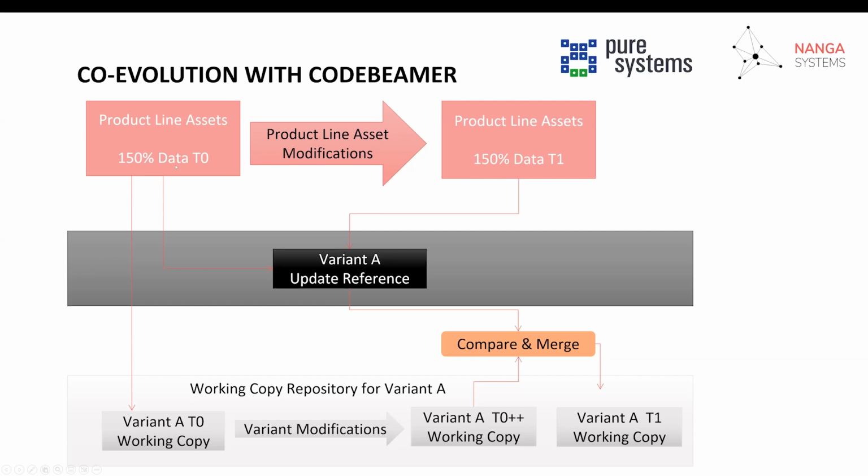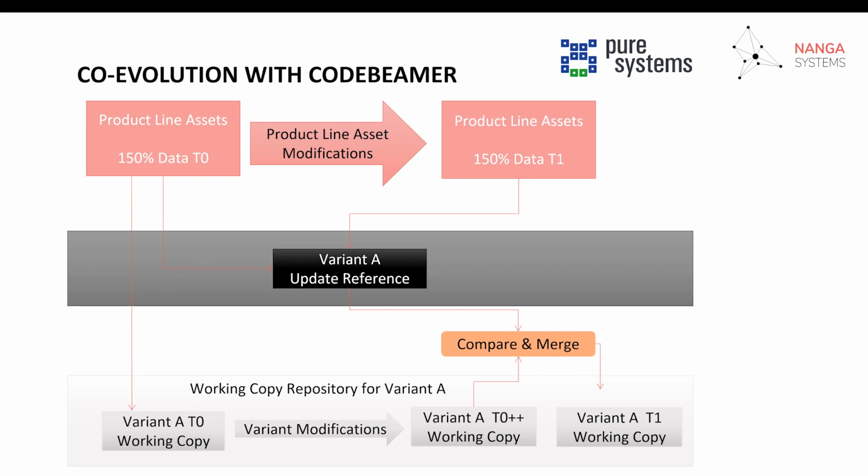When we have our product line asset, after performing a transformation, all the data is copied to a so-called update reference here in variant A, and as well a variant working copy.